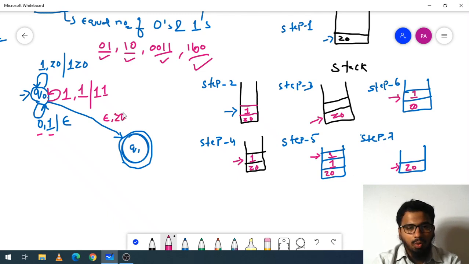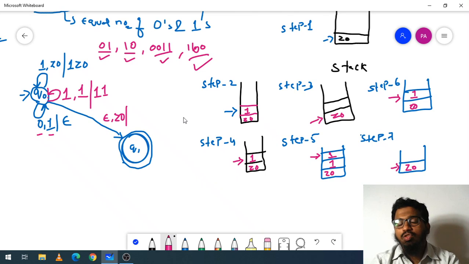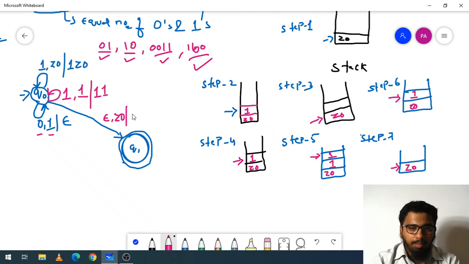Z0, then only it is going to the final step. Epsilon comma Z0, then we are getting the epsilon, and it is moving from one state to another state.